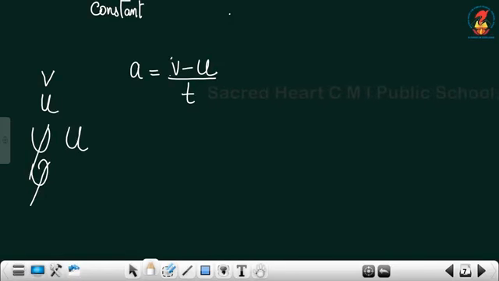Now, this thing is change in velocity. What's the unit of velocity? Meter per second. So, meter per second divided by time. Unit is second. All these are SI units. SI unit of velocity is meter per second.